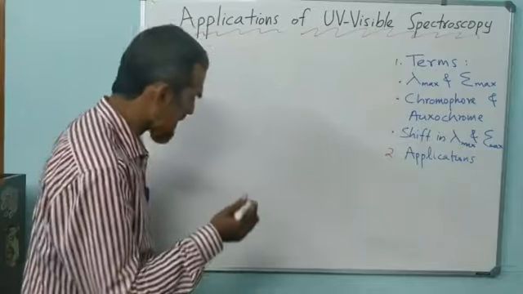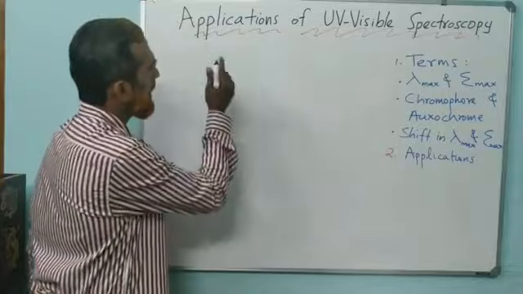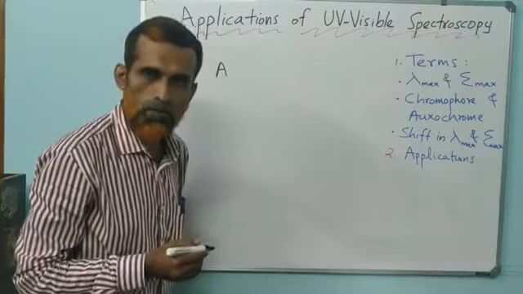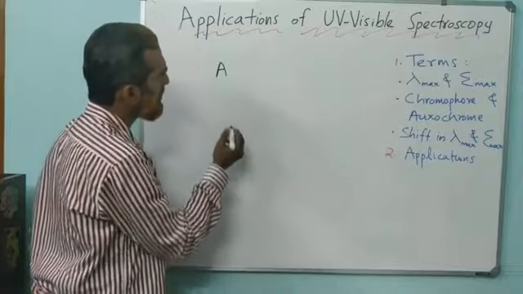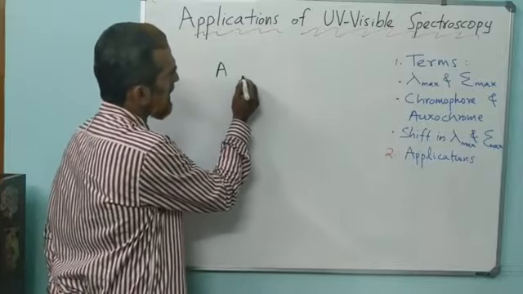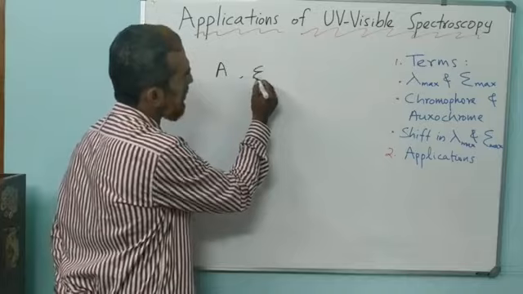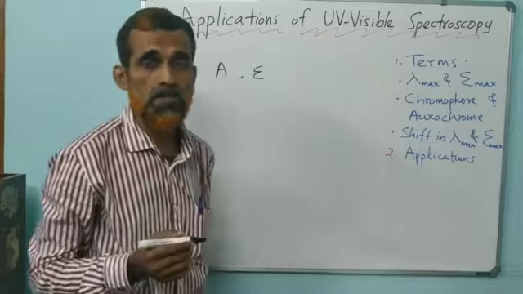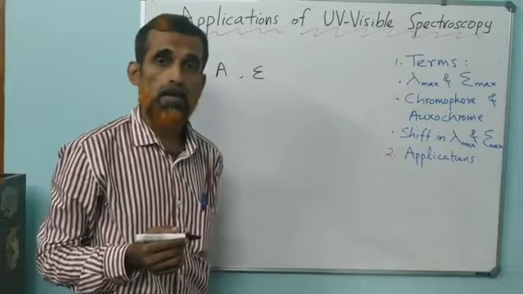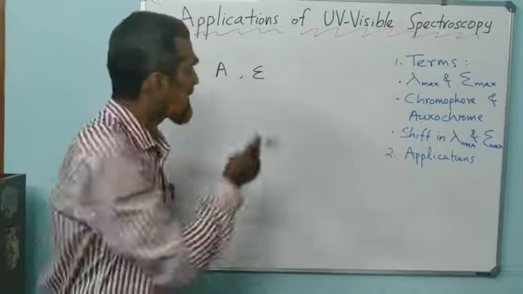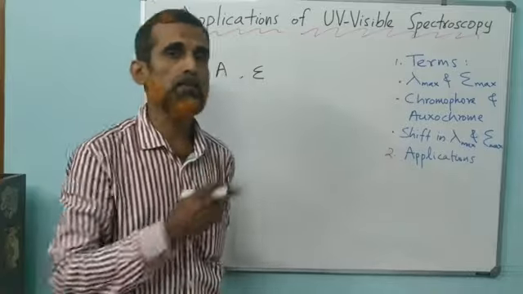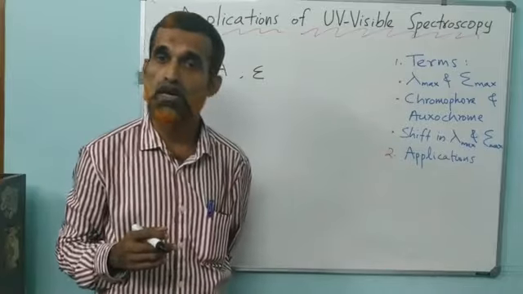Already in the previous class we have learned about two terms: absorbance or optical density, and epsilon, that is molar absorption coefficient or molar extinction coefficient. These two terms appear in the law which we learned in connection with UV visible spectroscopy, that is Beer-Lambert's law.